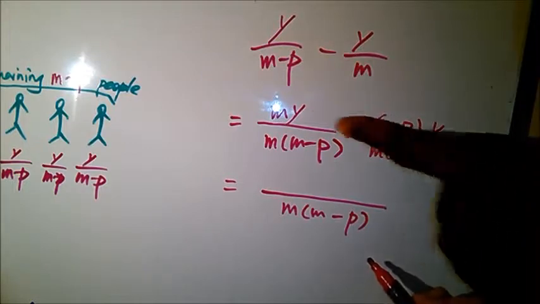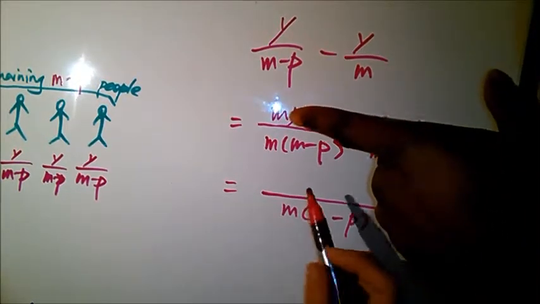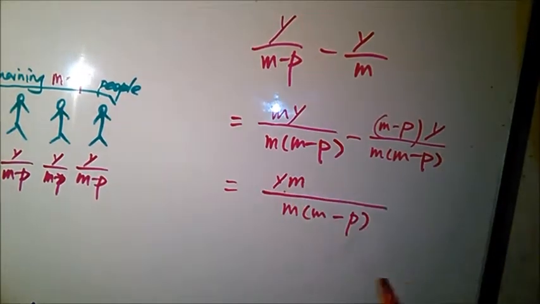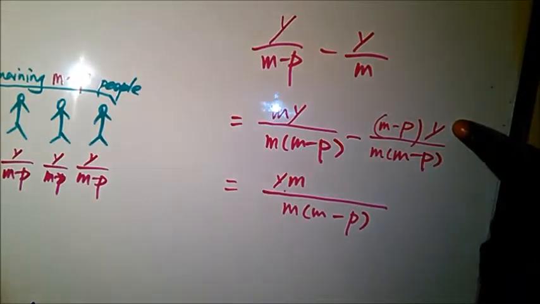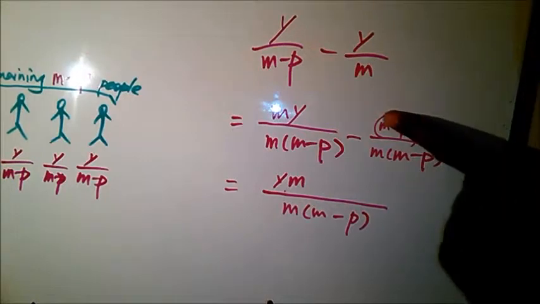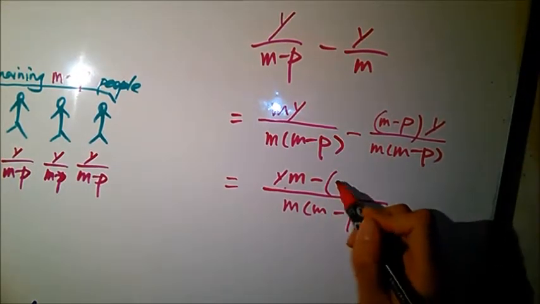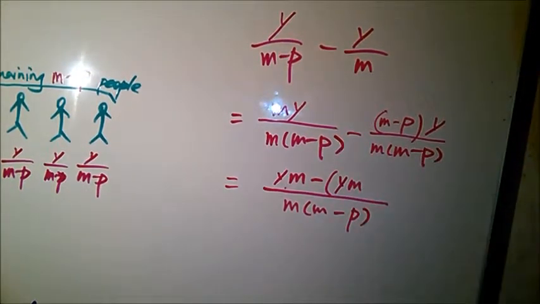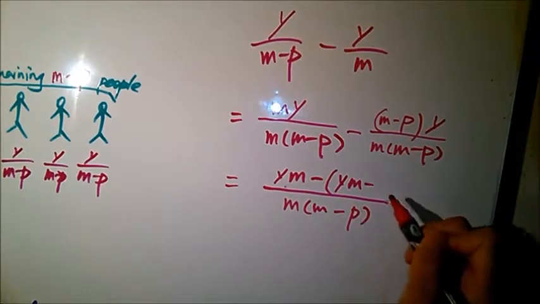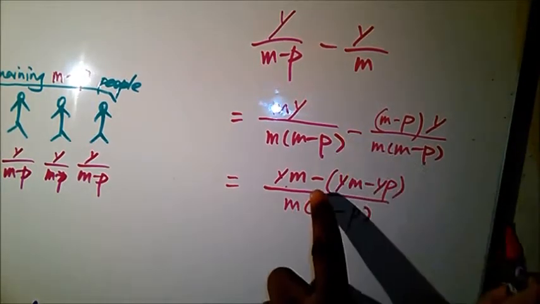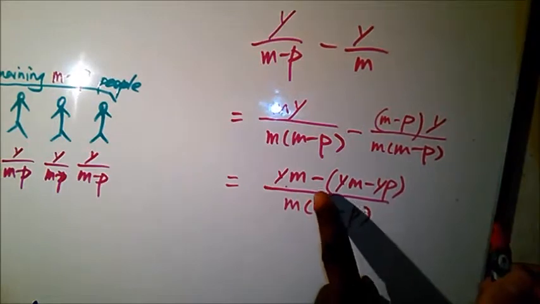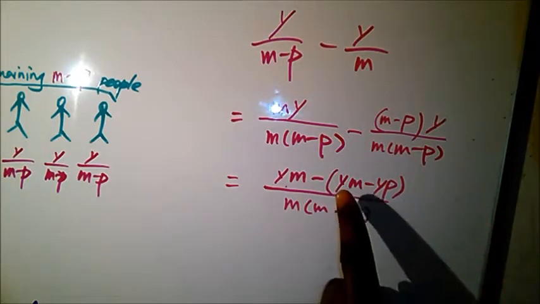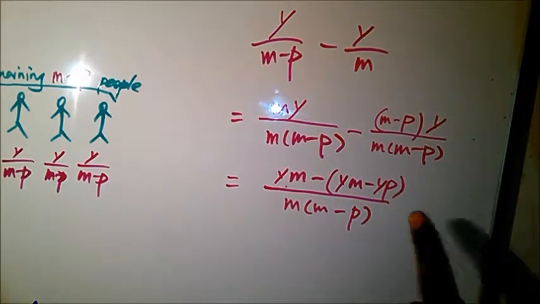So this will be y times m, and then we're going to distribute y into p, and then negative p, and then y times m. So it will be y times m minus y times p. And remember, there's a subtraction here. So it will be y times m minus, parentheses, ym minus yp.